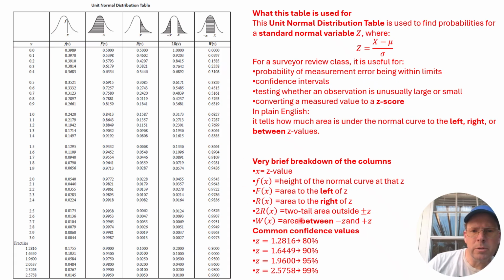This one here is the two-tailed area outside plus or minus z, and this W(z) is the area between minus z and z. So common confidence intervals are these z values. I'm not going to get into this too much more than that.